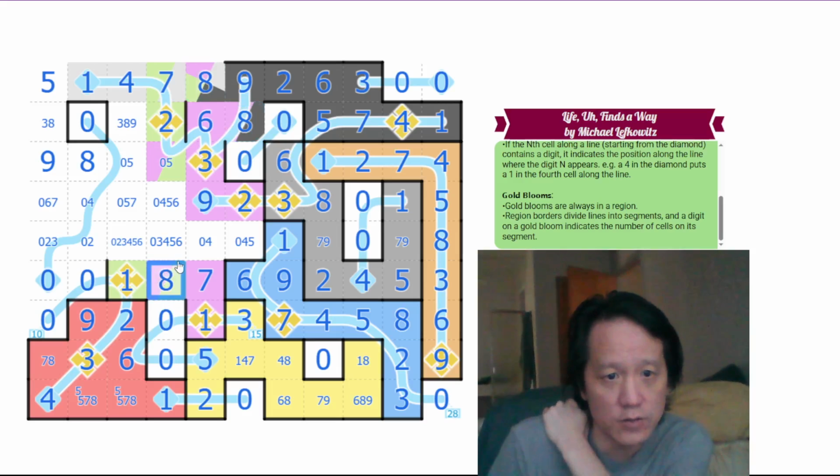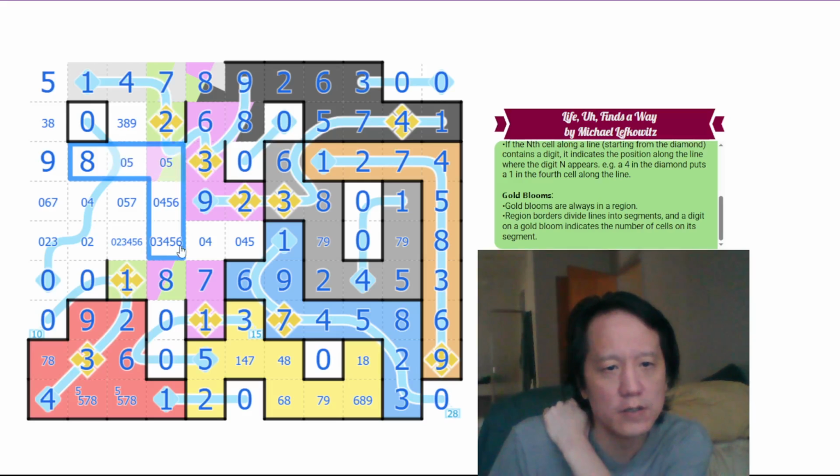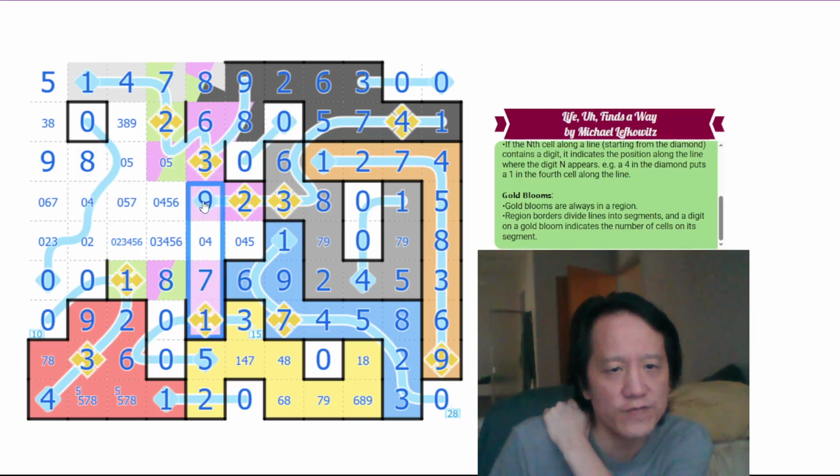This is pink or green. I don't think this can ever be pink. Well, maybe. 1, 2... No, it has to... How does it connect? 1, 2, 3, 4, 5, 6, 7, 8. Yeah, it can't connect. So this is green or light.